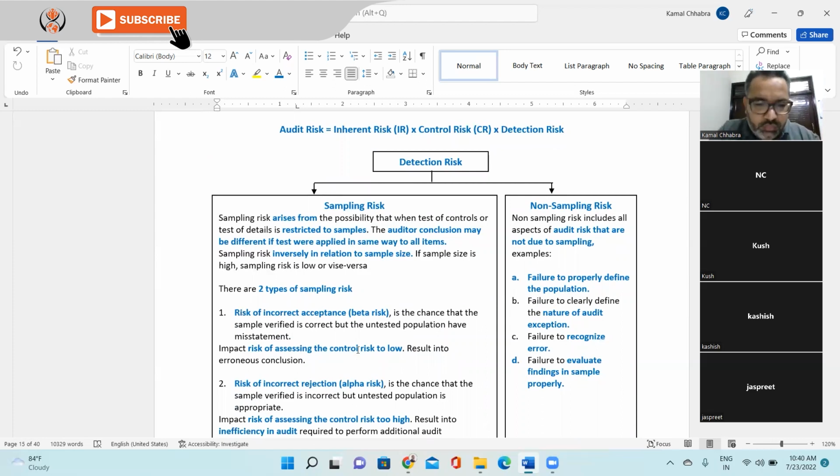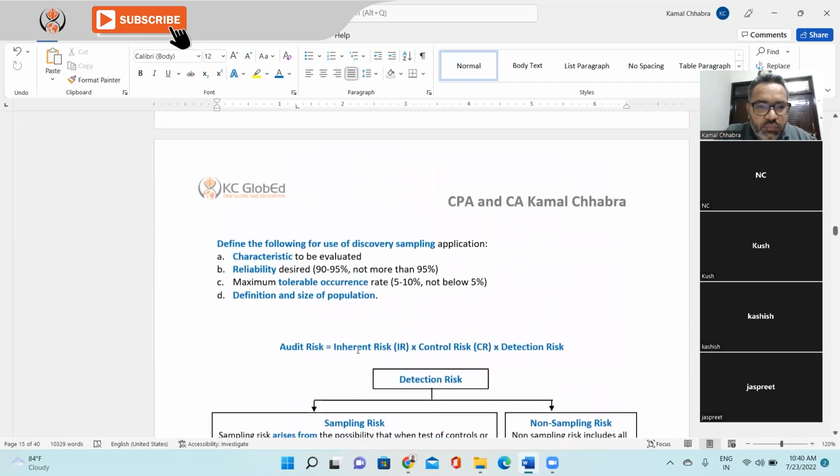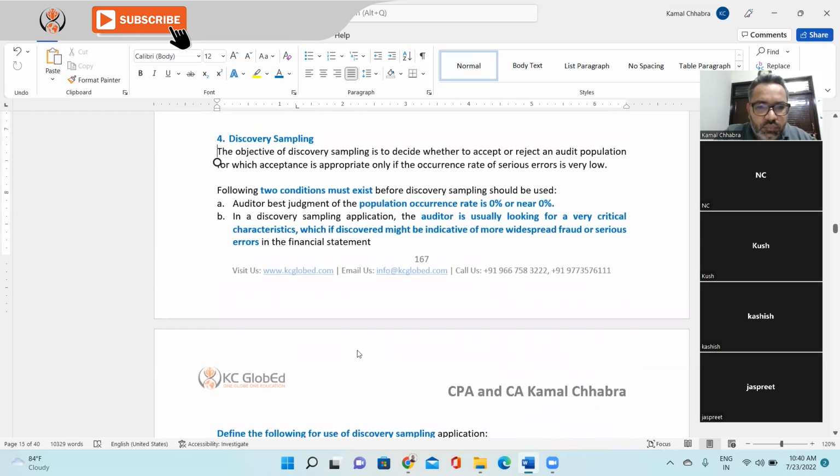On the previous page there is a line that says the auditor's best judgment of the population occurrence rate is 0% or near 0%. What does that mean? Here it says the auditor's best judgment of the population occurrence rate.